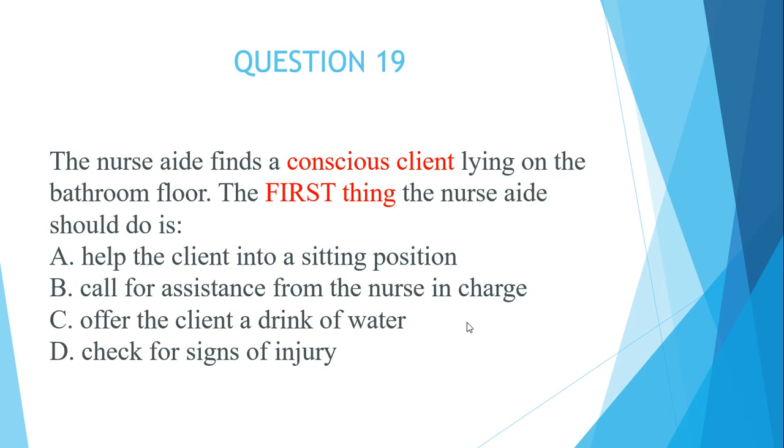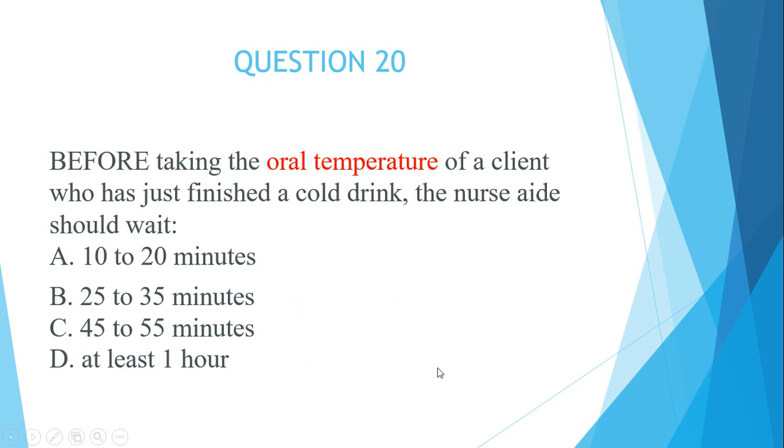You can offer this person water, but at least you allow the nurse to come first and check for signs of injury. Probably while you are there, you can assist the nurse to check that person's body and see if there is anything. But before the nurse comes, you don't want to do anything. You have to call for assistance and then take instruction from your nurse.